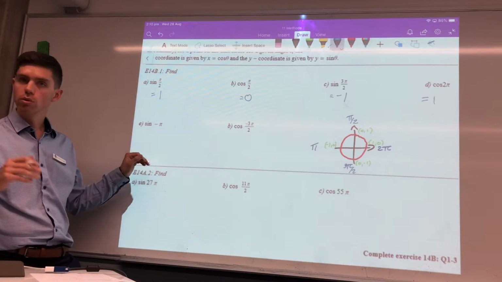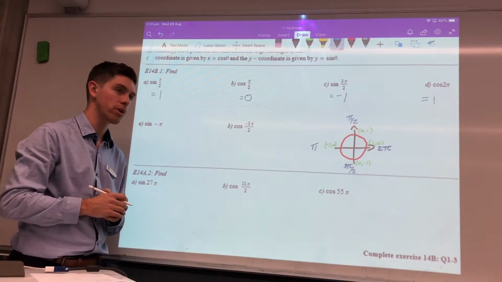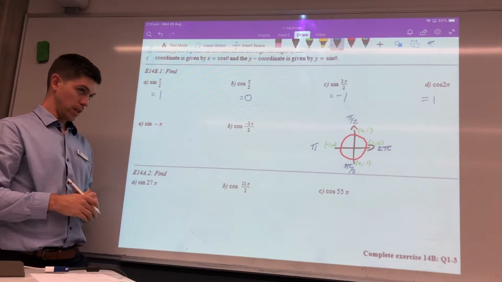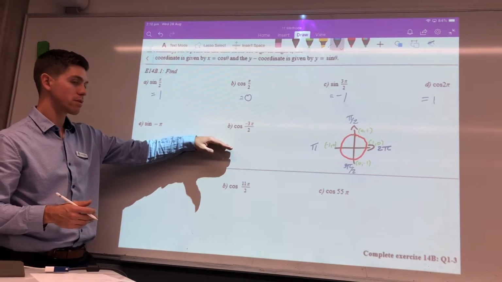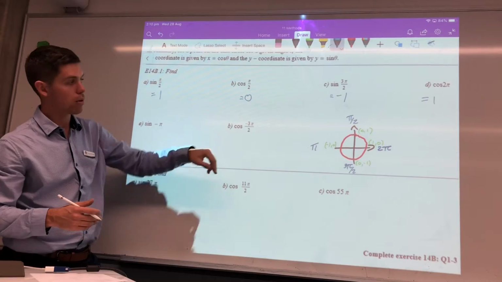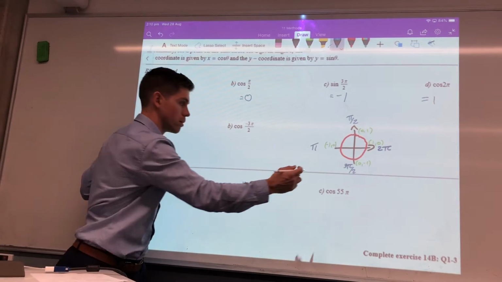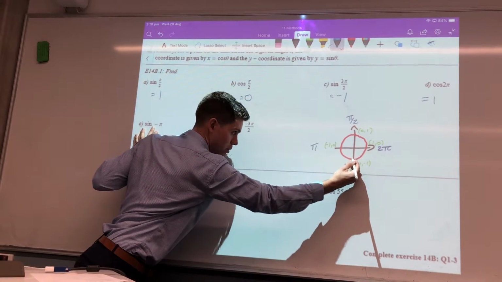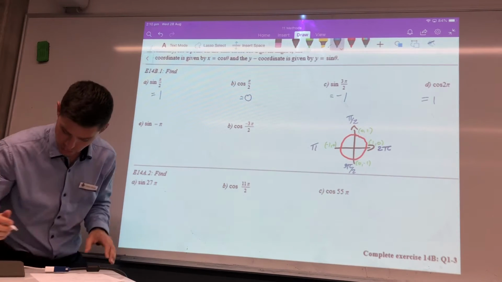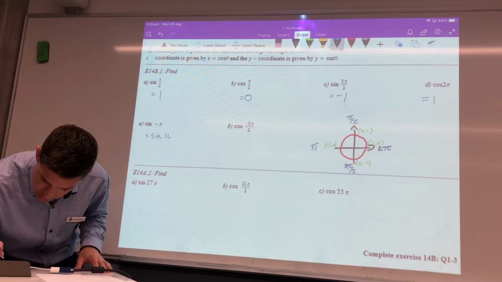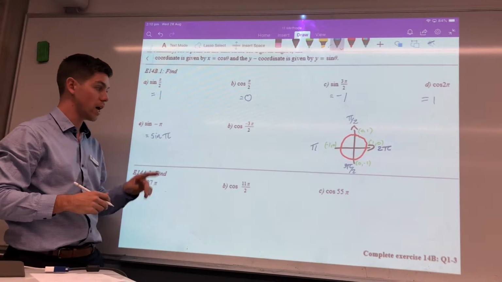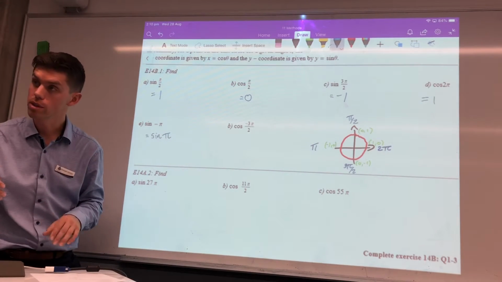So, I really only touched on it briefly in the last introduction, but negative angles, instead of sweeping anti-clockwise, we sweep clockwise. So we could say that an angle of -pi in this direction is the same as sine of +pi, which has a y coordinate of 0.